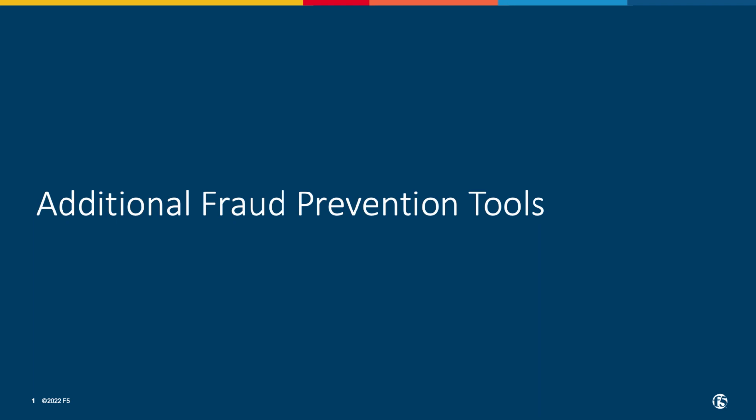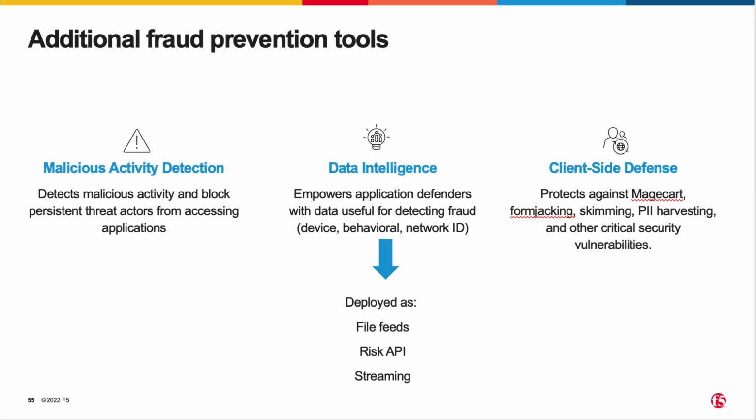As we begin to wrap up our fraud solutions demo, we'd like to share with you some additional key F5 fraud prevention tools. As part of F5's comprehensive online fraud prevention solutions, we offer additional tools including malicious activity detection, which helps organizations identify and protect against web-based malware and online fraud targeting web applications.